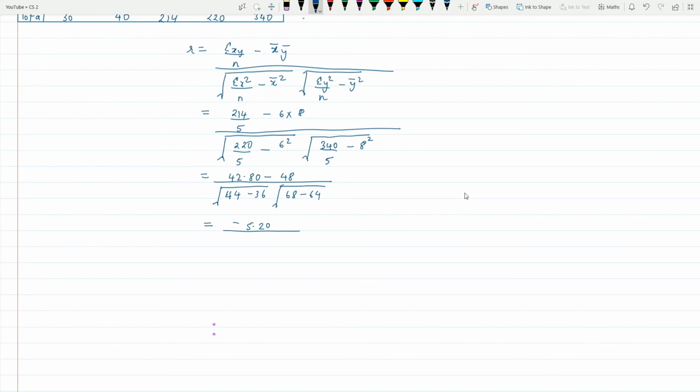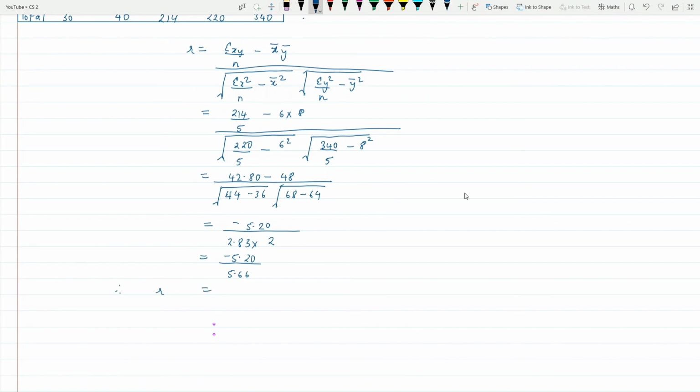divided by, so in the first square root we have 44 minus 36, we need the square root of that, and that is 2.83, multiplied by, here we will have 4 in the second square root, and square root of 4 is 2. So in the denominator we have got 2.83 times 2, which is 5.66, and we are with the final answer.